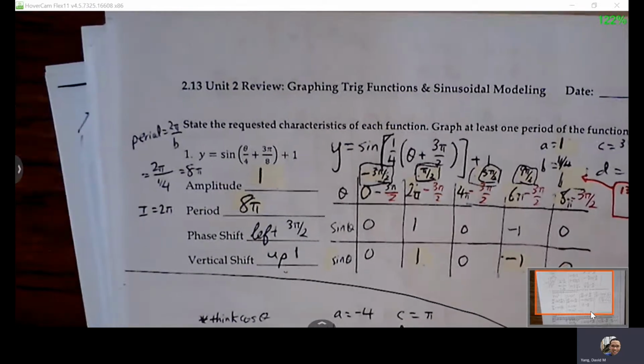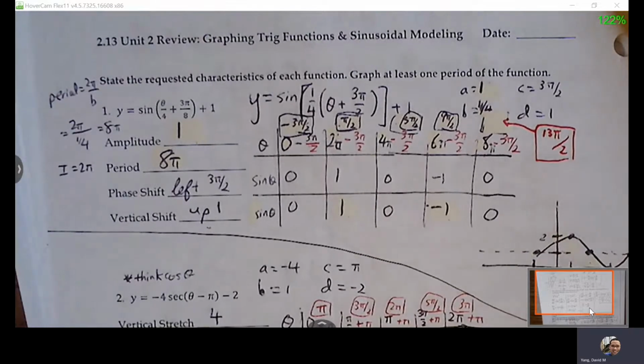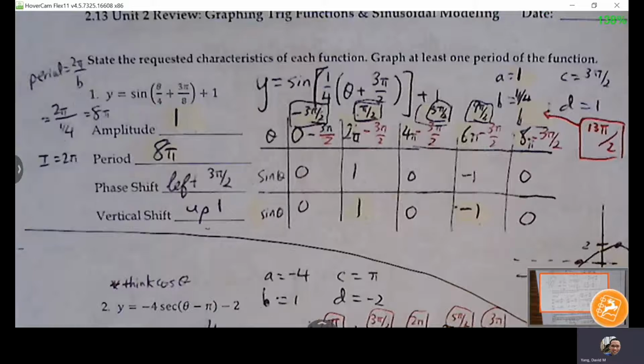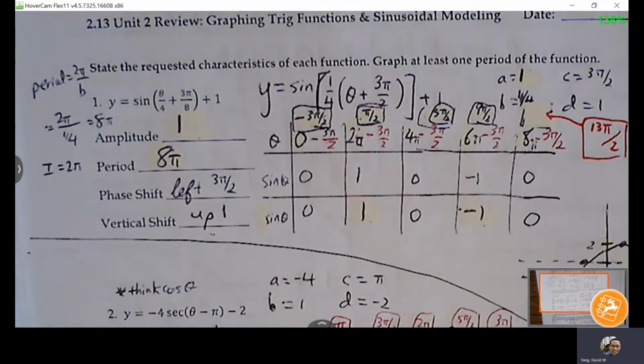Let me go over number one in detail here. The first thing we want to do is make sure that we're spending time to factor out that B value. Otherwise, your C value is going to be thrown off.